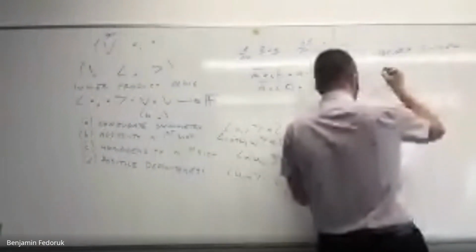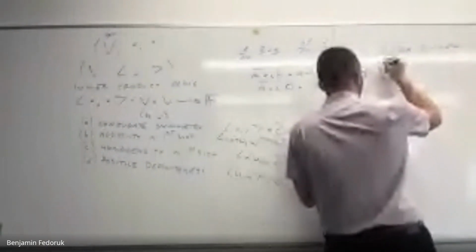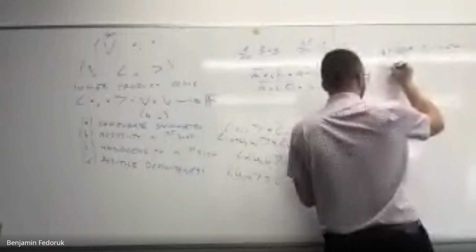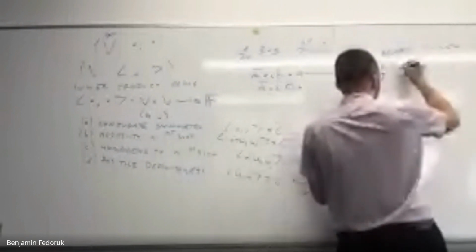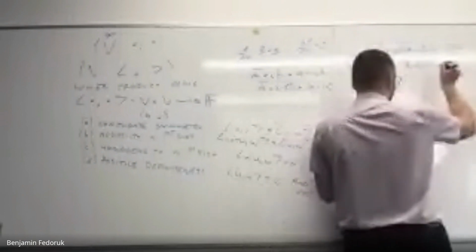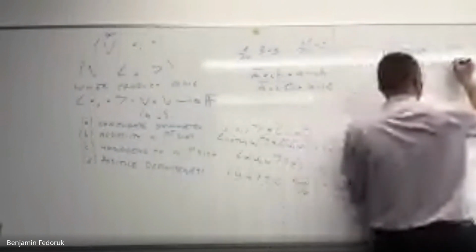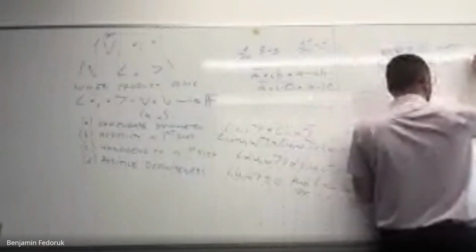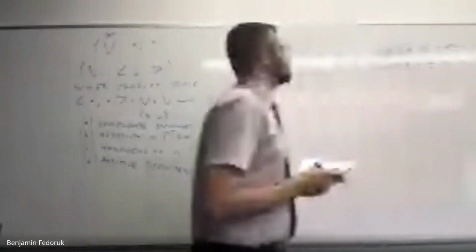It is the absolute value of the norm of V minus the norm of U is less than or equal to the norm of V minus U. Does that make sense?